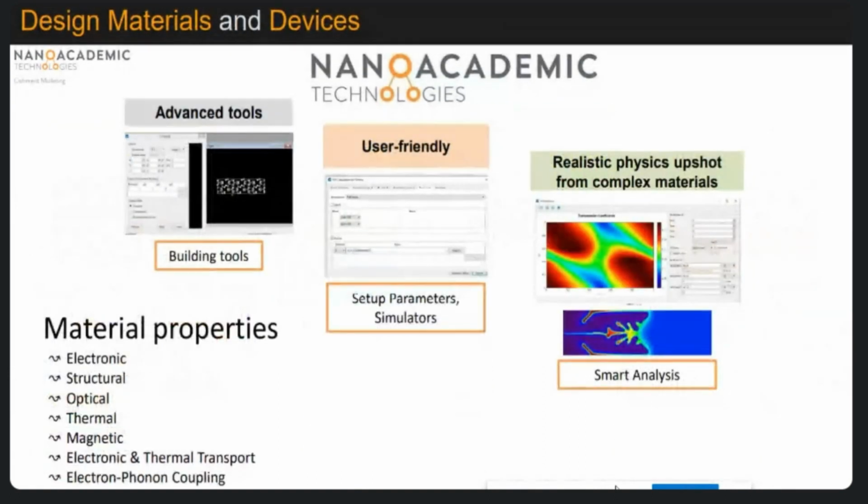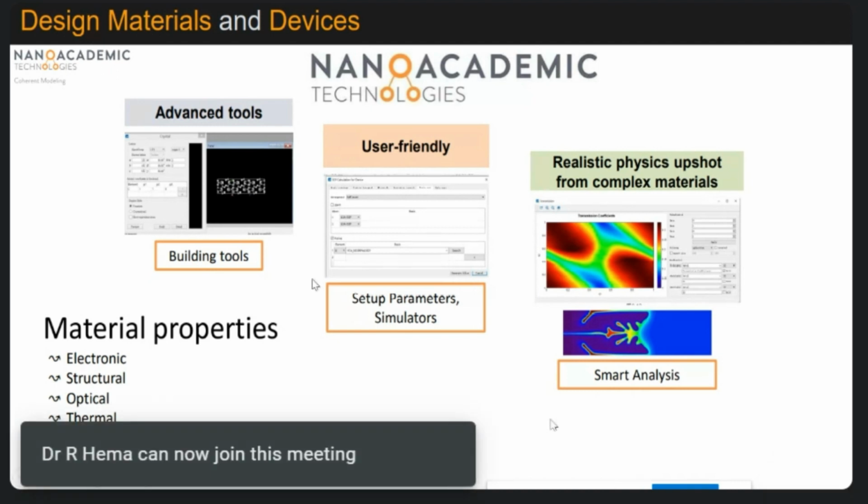This is about modeling. Once you model the structures, the next session goes to the theory, the advanced building tools, where you can build the structures properly. You can repeat in a particular direction, define some electrodes, define some biasing on the terminals, and calculate the IV characteristics. You can also set up the parameters.